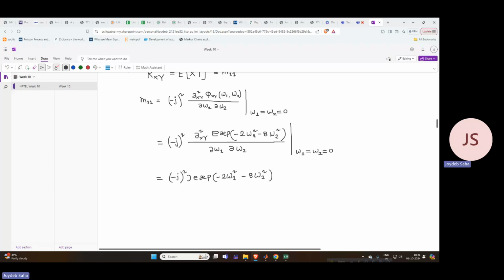Let us do this step by step. First, we take the derivative with respect to omega 2. So what will we get?